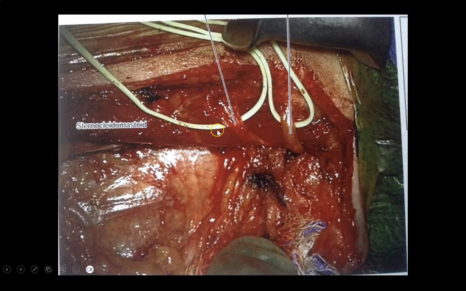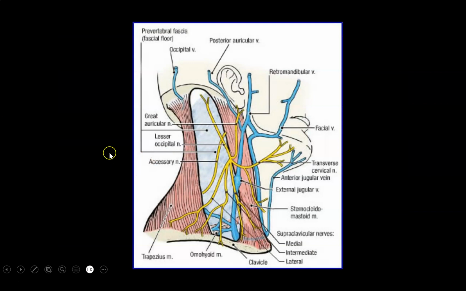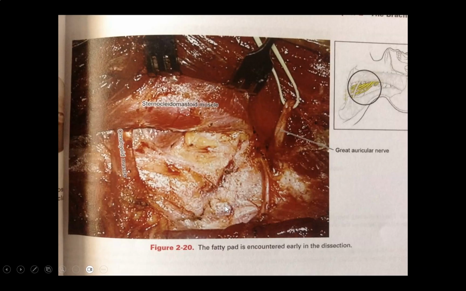This is the view, sternomastoid. I am behind sternomastoid and below the inferior belly of omohyoid. And of course, these are the cutaneous branches of the cervical plexus. We are not going to discuss it here, but when you open, you can be facing some of the cutaneous branches of the cervical plexus, which are not really important, supraclavicular branches.